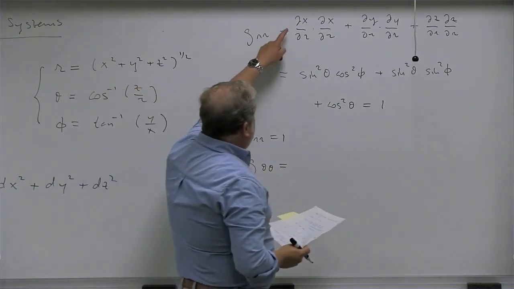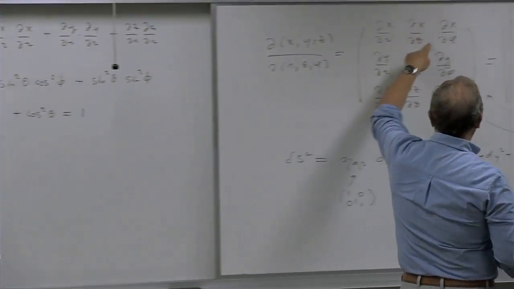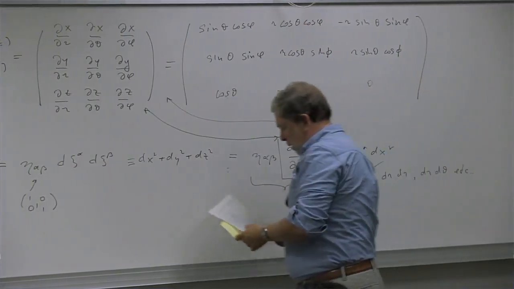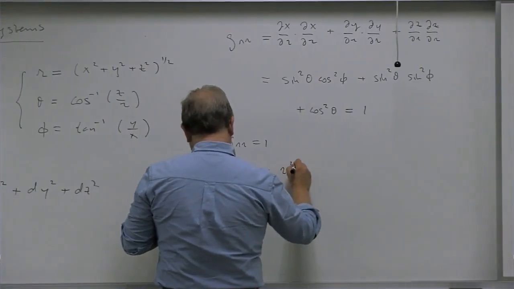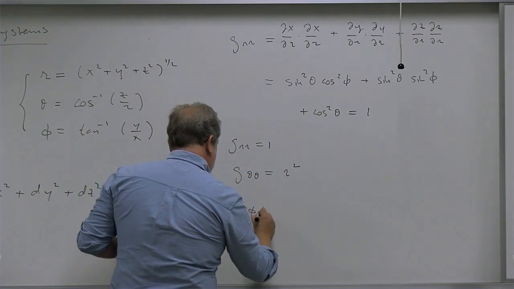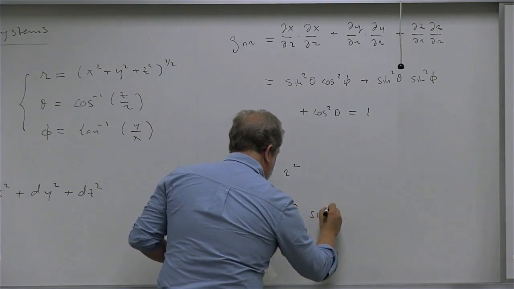That's going to be dx by d theta twice. So dx by d theta is this entry right here, and that's going to get squared. Then I add all the other ones, and this turns out to be just r squared. And g phi phi is equal to r squared times sine squared theta.